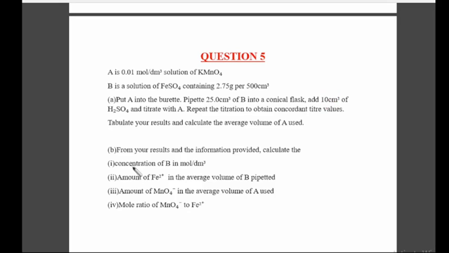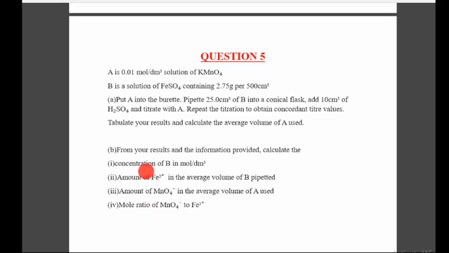We are asked to calculate this after we have tabulated our results. For this particular question, we are going to be using 18.10 as our volume of acid. The average titre value is 18.10. That is what we are going to be using for this particular question.